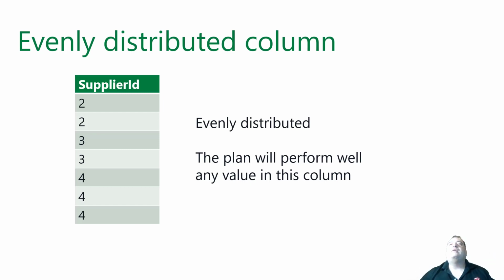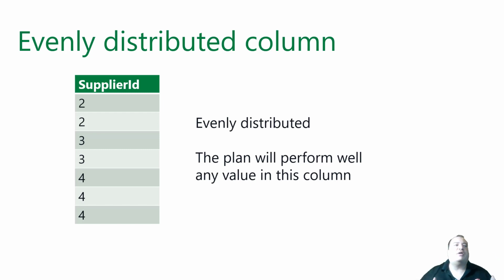Well, it depends on the distribution of the values along the column that we are using on our predicate in our query. For example, let's imagine that I'm filtering by supplier ID. Are the values evenly distributed? If I query this table by supplier 2 or by supplier 4, is the number of records returned similar?